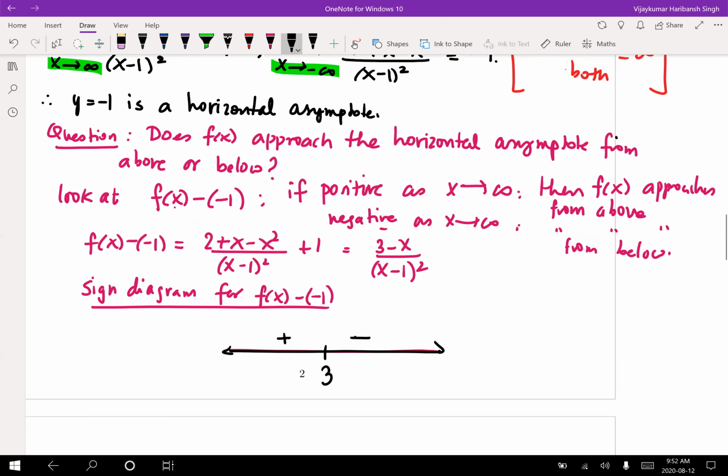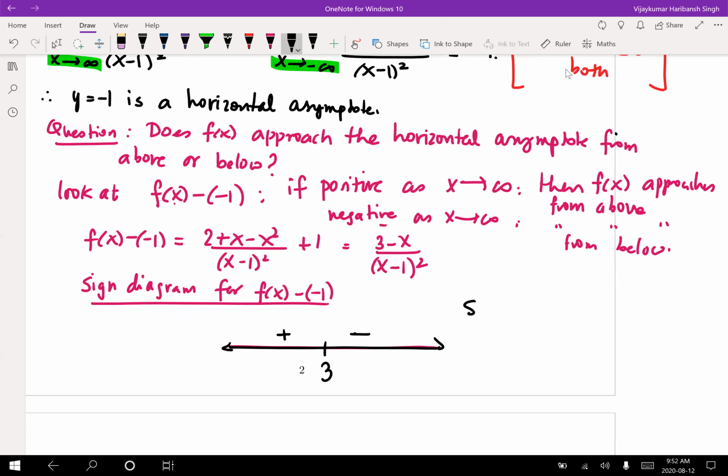So it means as x approaches infinity, f of x approaches y equals minus 1 from below, because this is negative in this part here.